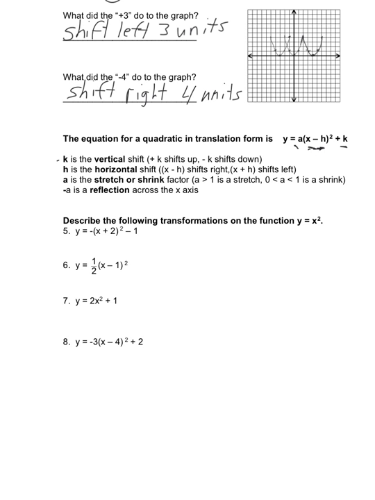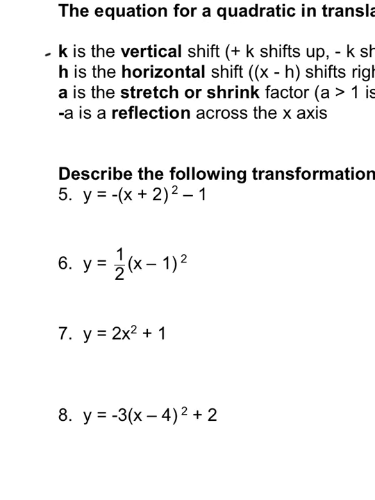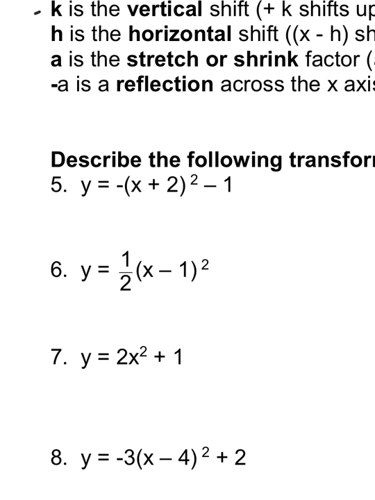Okay, so now we're going to say what is happening on number 5 to the parent to get that graph. So in this particular case, I notice at the front it's a negative, so this is a reflection across x-axis.